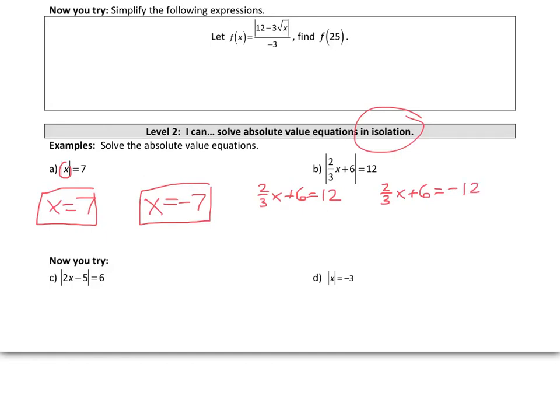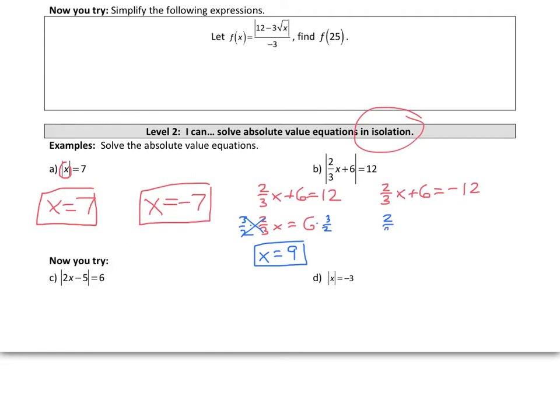Now we have to move the 6 over, so you get 2/3 x equals 6, and then you would multiply by the reciprocal. Now obviously you can use a calculator if you want, or just do it in your head, which I know you all love to do. So when you multiply by the reciprocal, you just get x equals 6 times 3/2 ends up equaling 9. Then with the other equation, again you're going to subtract 6.